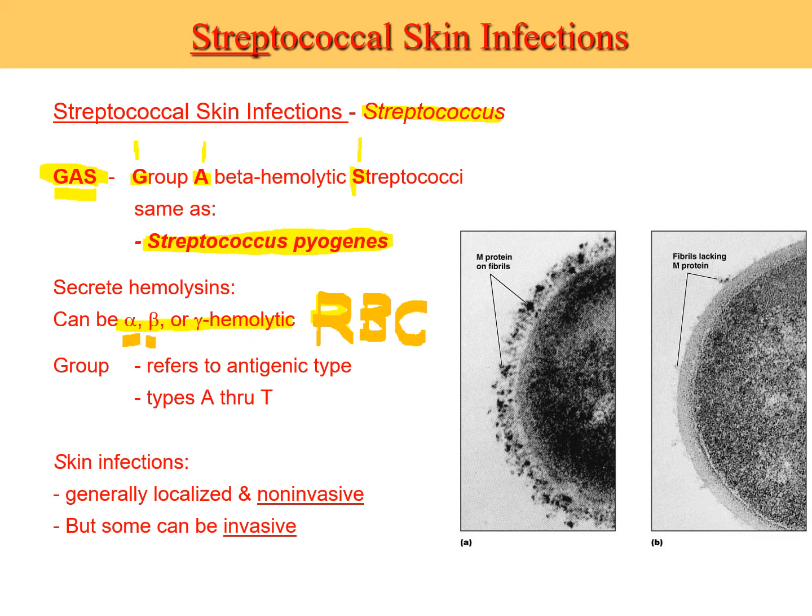Beta hemolysis, which is complete hemolysis, so there's a clear area underneath the bacteria growing on the plate, or gamma hemolysis, which is no hemolysis actually. I refer you back to lab 6, in which we looked at that. The slides in lab 6 include a blood agar plate with alpha, beta, and gamma types of hemolysis on it.